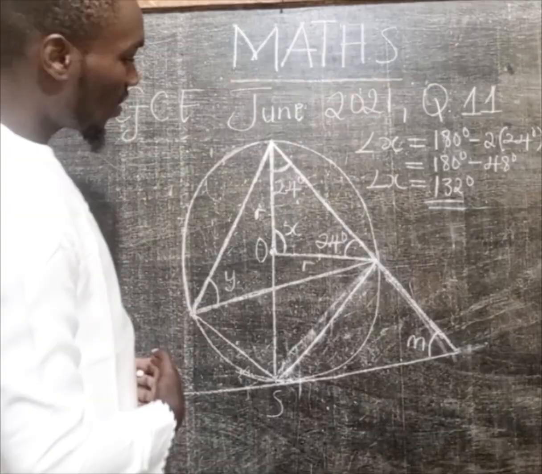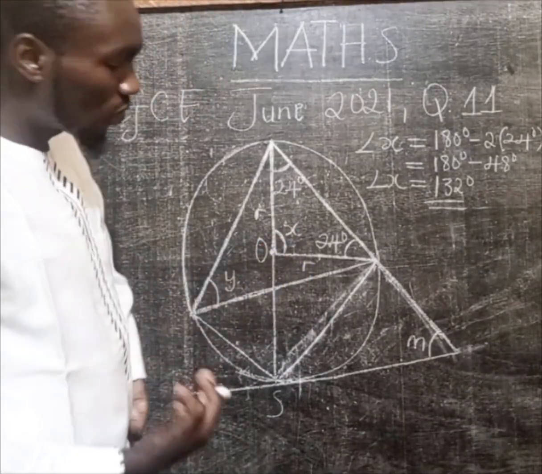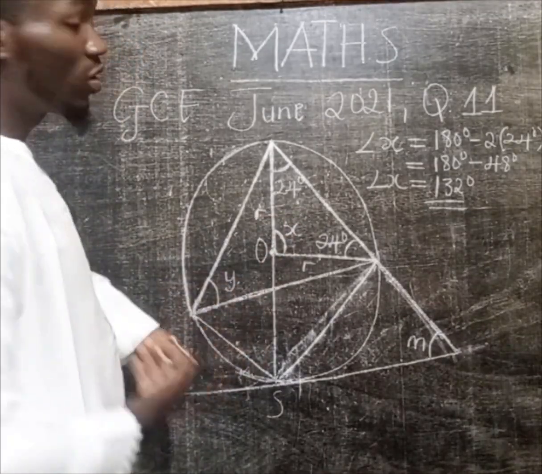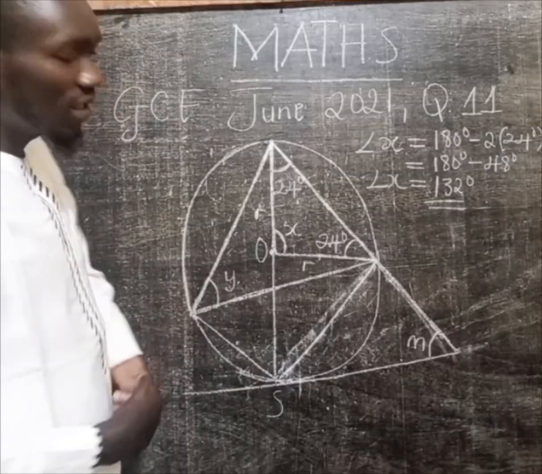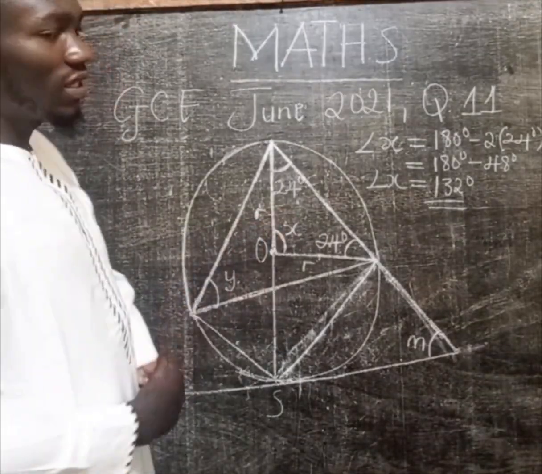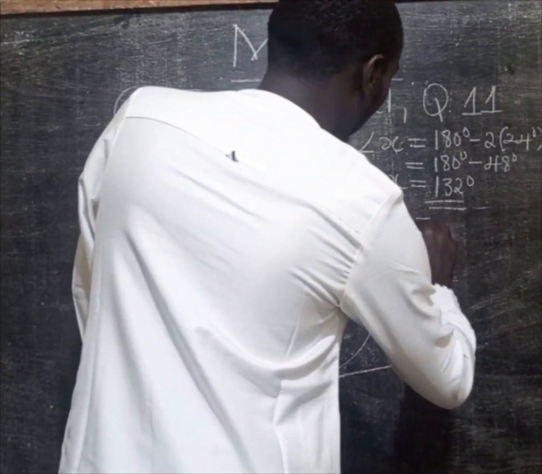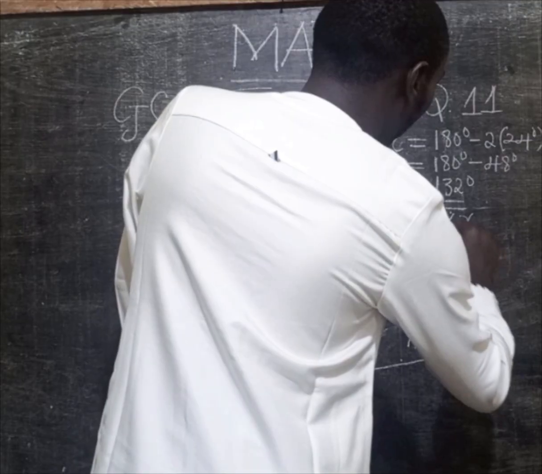We saw that whenever a chord forms an angle at the center and that same chord forms an angle at the circumference, the angle at the center is 2 times the angle at the circumference, meaning the angle at the circumference is half the angle at the center. So angle y should be equal to angle x divided by 2.